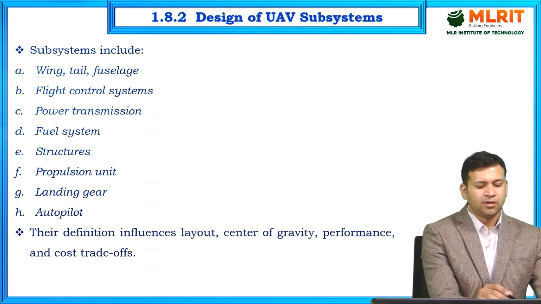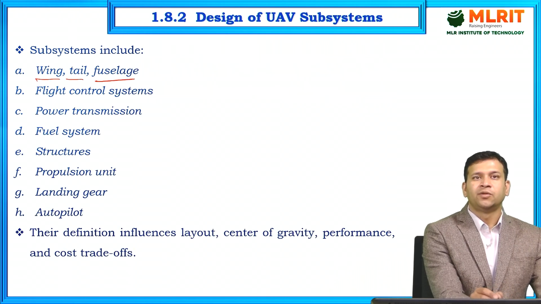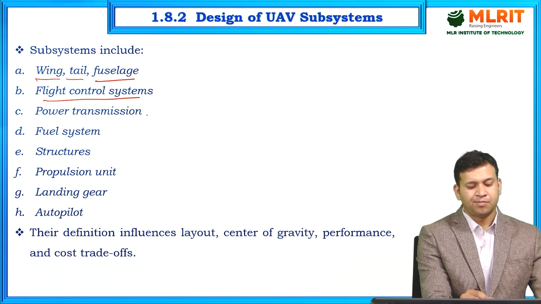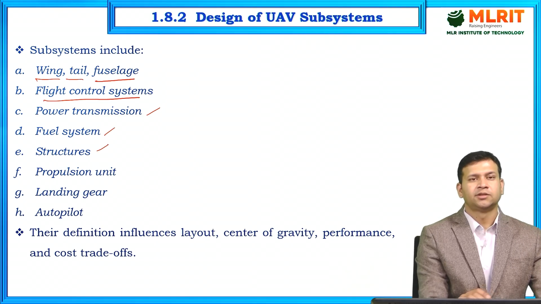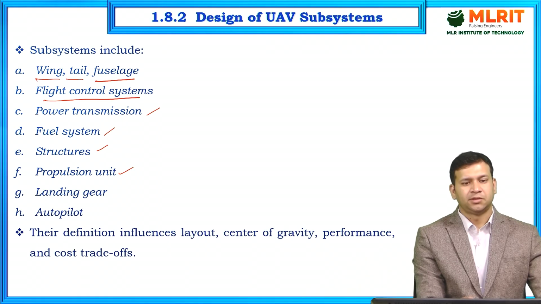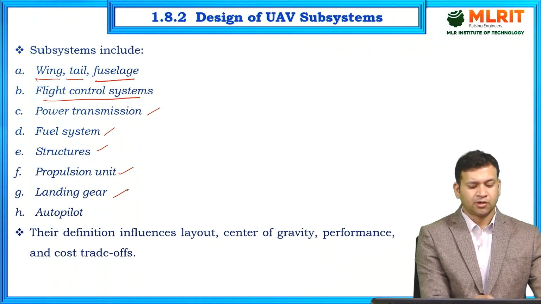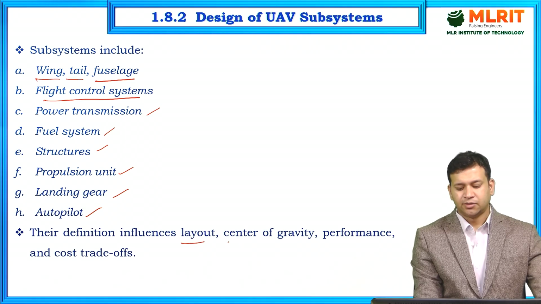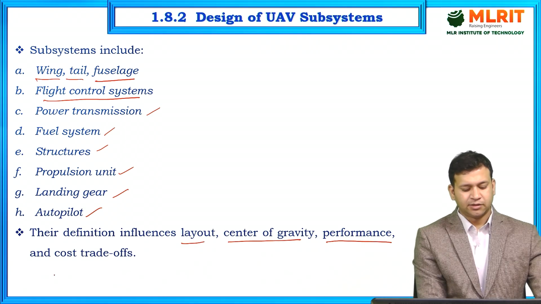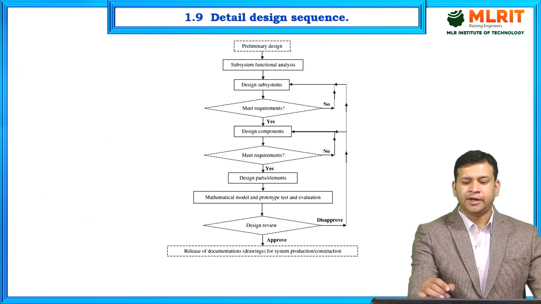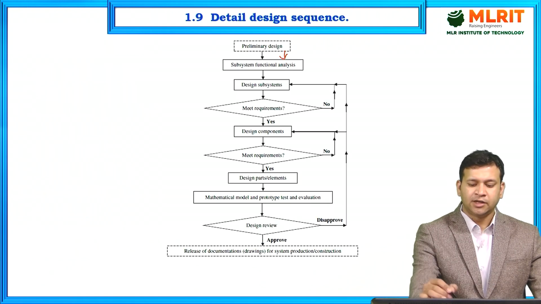Subsystems include wing, tail, fuselage, flight control systems, power transmission, fuel systems, structure, power unit, which is also called the propulsion unit, landing gear, autopilot. The definitions of these subsystems influence the layout, CG, performance and cost trade-offs.